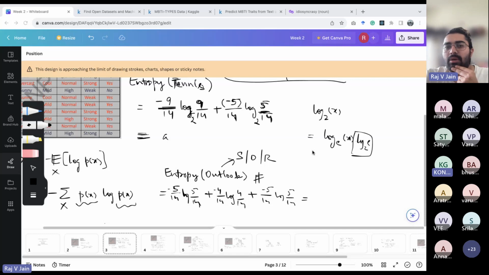Any other question? Sir, one question. If the number of training examples is less than the number of feature variables, is there any way we can fit? We can't fit, right? We can't model anything because the number of examples is less than the number of feature variables.